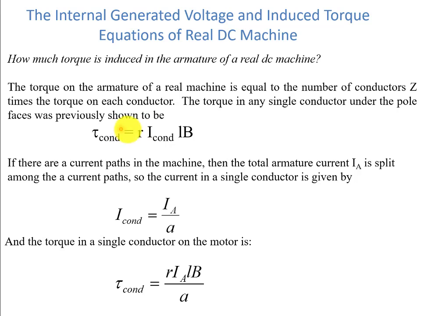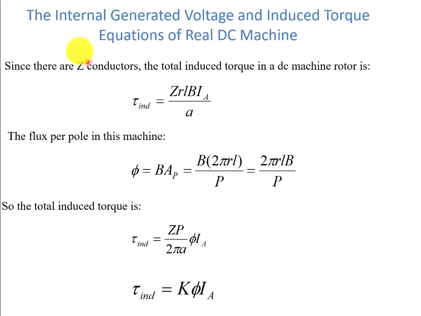As we know, the induced torque in a single conductor under the pole faces is r times I conductor L B. If there are A current paths in the machine, then the total armature current IA is split among the A current paths, so the current in a single conductor will be IA over A. The torque in a single conductor on the rotor is then r IA L B over A. Since there are Z conductors, we multiply by Z, so the total induced torque in the DC machine will be Z r L B IA over A.